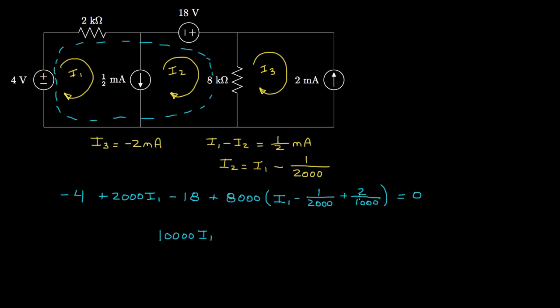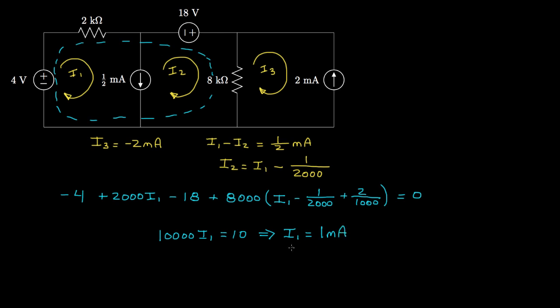So we have a minus 4, a minus 18, a minus 4, and a plus 16, so that would give us a minus 10. Put it on the other side, and it's a plus 10. So that tells us that I1 is 1 milliamp.